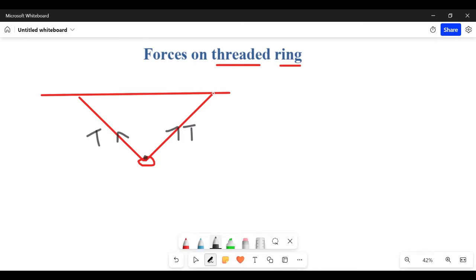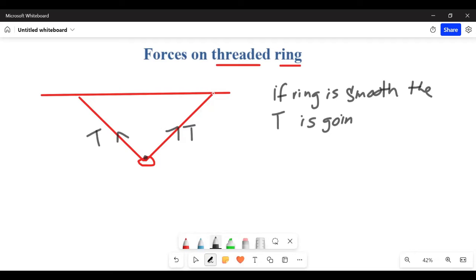If it's mentioned that the ring is smooth, then the tension is equal. So in this case, that means that the ring is smooth, so the tension on either side of the ring is going to be equal.